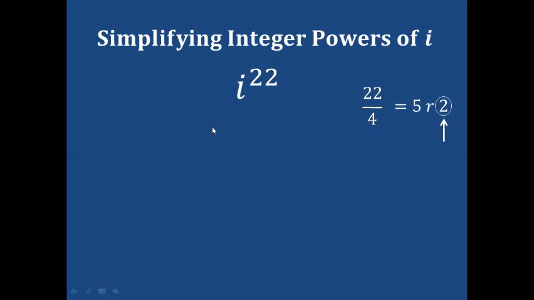But of course, there's a process that we can use. So let's check that out. We can rewrite i to the power 22 as i to the power 4 to the power 5 times i squared. And this is actually true because of properties of exponents. So if we multiply these exponents here, we get 20, and then we can add 2 to get 22.